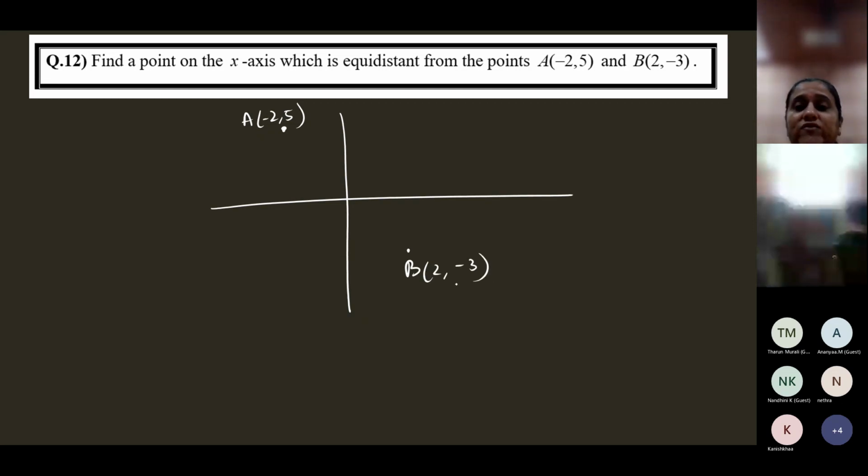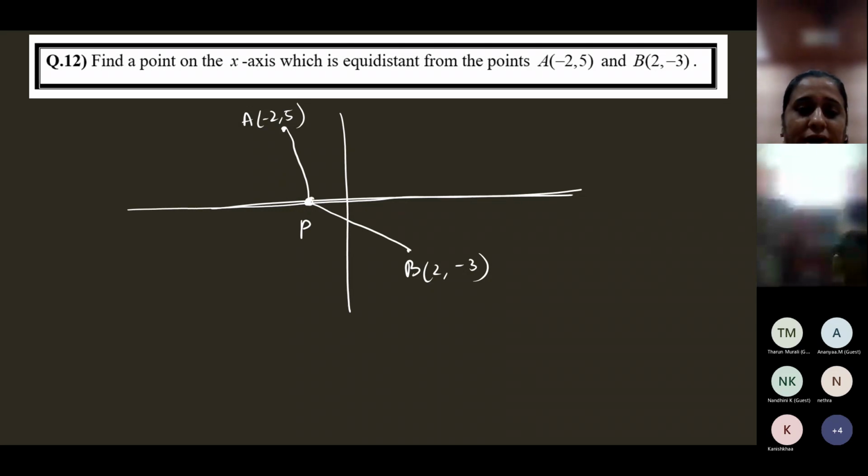You'll have to find a point on the x-axis. This is the x-axis. You'll have to find a point on the x-axis which is equidistant from A and B. I don't know where it is, I'm just taking this point, maybe this one, P. So P is equidistant from A and B. That means the distance PA is equal to the distance PB.